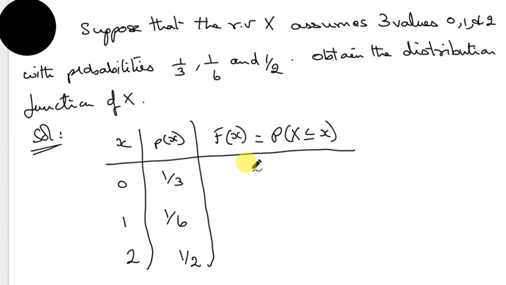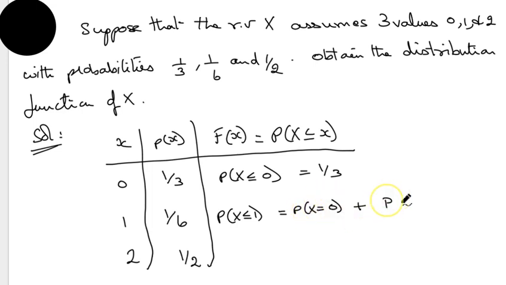So X is less than or equal to 0 in the first case, so it is 1 by 3. Here it is X less than or equal to 1. Therefore, it is the probability of X equal to 0 plus the probability of X equal to 1. So 1 by 3 plus 1 by 6. This will give you the value half.